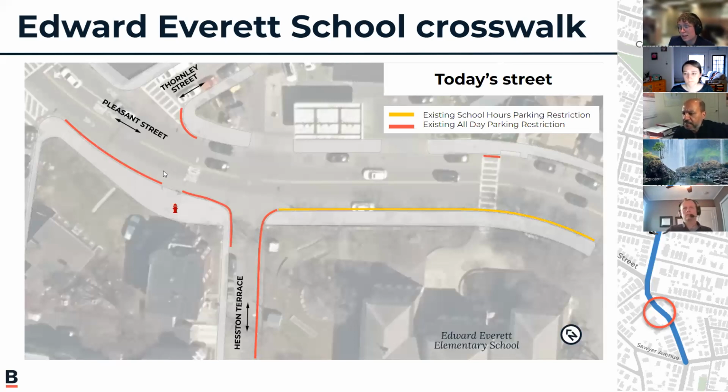There's already a fair amount of the curb line around the school that is parking restricted, but those restrictions weren't always observed. We did see a number of cars parked there during arrival and dismissal time, and the principal trying to ask them to leave.